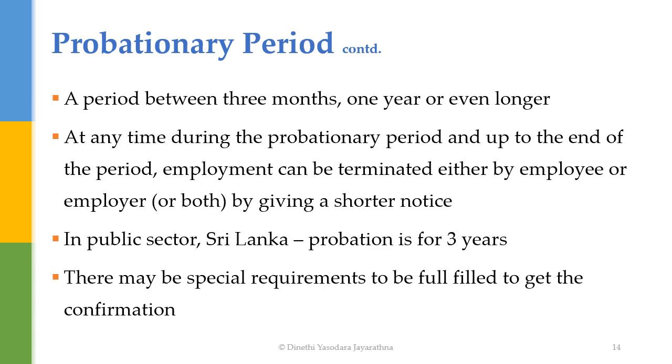So that's a special requirement. Depending on the organization, these requirements mostly go with government organizations, but sometimes they might be included in a private organization as well. So there might be special requirements during the probation period for you to complete to get confirmed in the job.